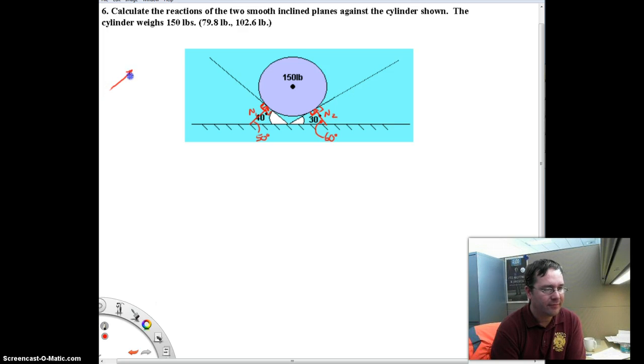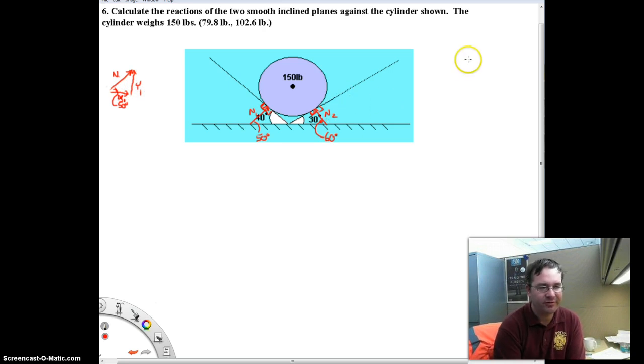The one on the left has a magnitude of N1. This included angle is 50 degrees, and this vector is pushing to the right and upward, and I'm going to call the rightward push x1 and the upward push y1.